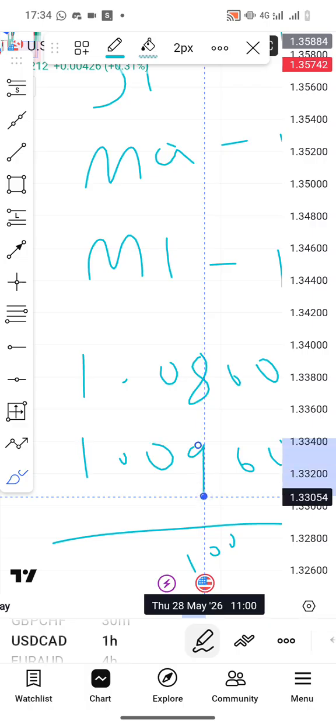How many pips have we moved up? We have moved up 100 pips. So that's how you calculate it. If you go up, you move up 100 pips. If you go down, you want to make sure that for each pip moving, you are taking a 10-pip loss, or $10 loss, or $1, or 10 cents.